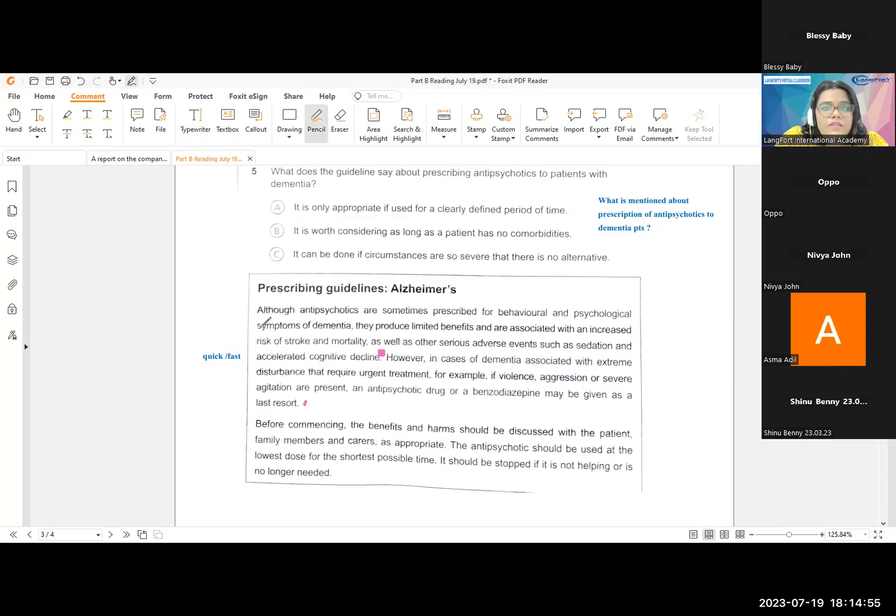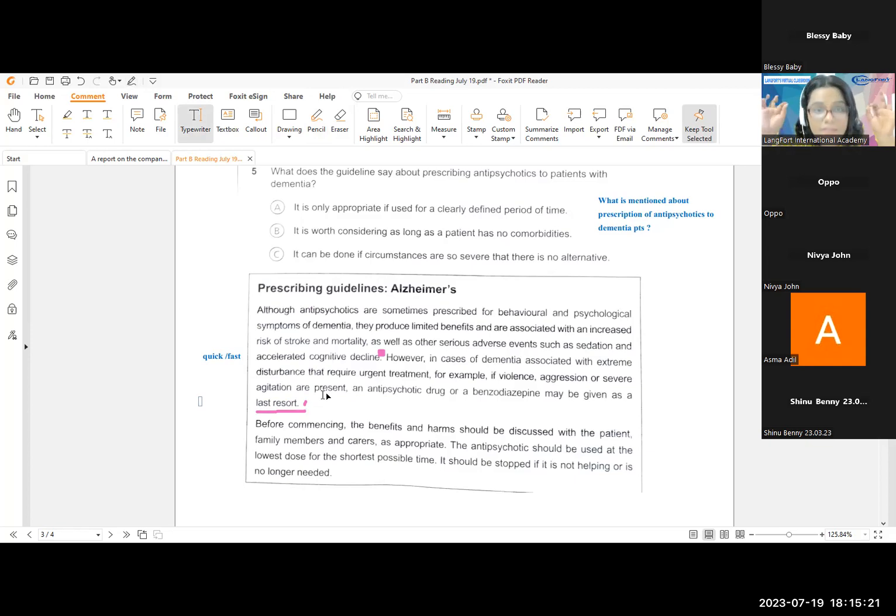My question is, what is the last resort? What do I mean by last resort? This is a very common vocabulary. You need to know the meaning. Yes, correct. There was no other choice. That was the only last measure left.